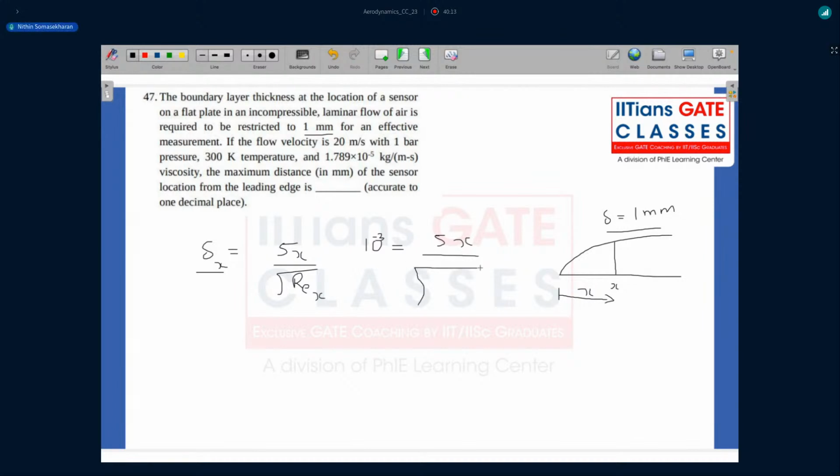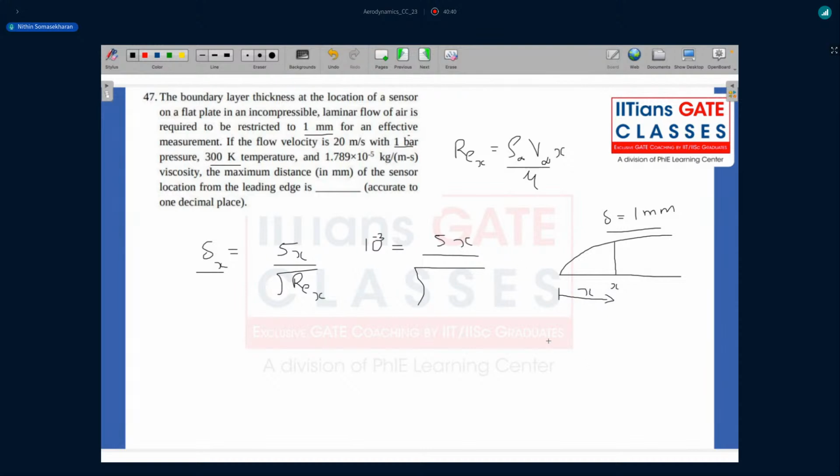So then if I open the Reynolds number equation, Re_x is nothing but rho infinity V infinity into x by mu, right? So in our case, for rho infinity, they have given you the pressure and the temperature, so you can find rho infinity.